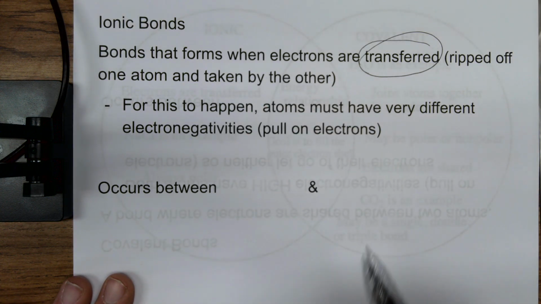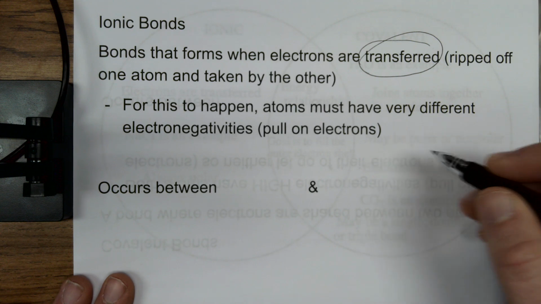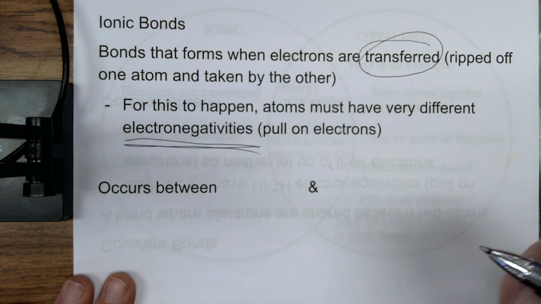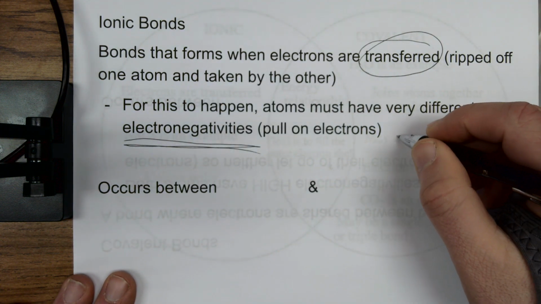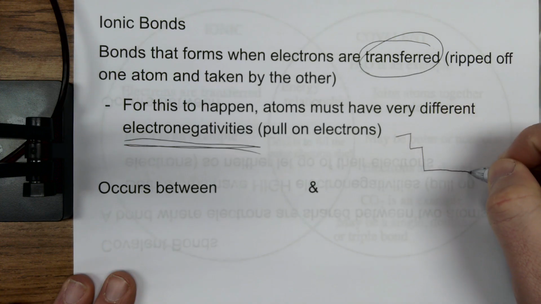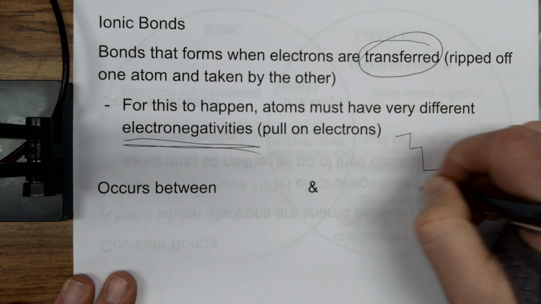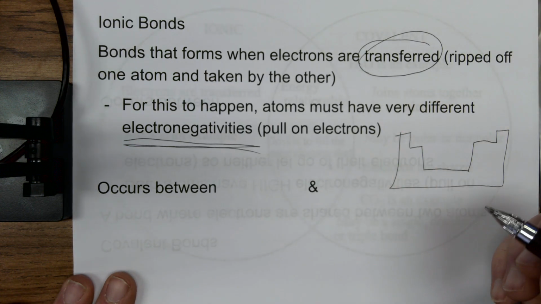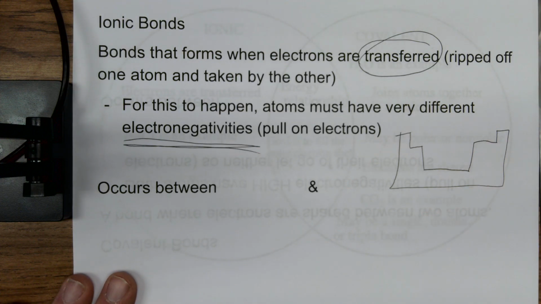Now, for this to happen, our atoms have to have very different electronegativities. So remember my pattern. What's my pattern for electronegativity? It goes top to bottom, so bottom to top, and then left to right.